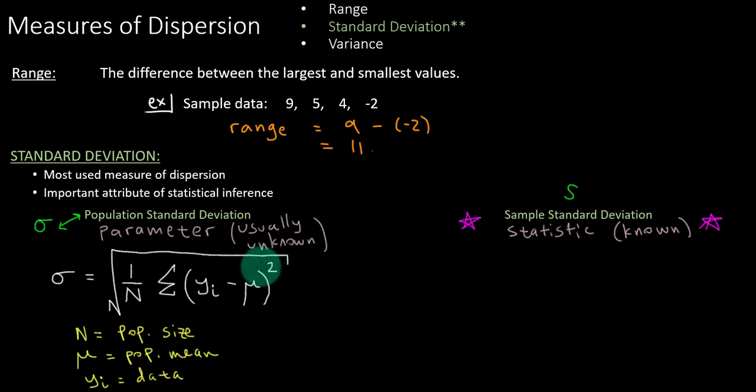Cool, so a really nice way to interpret this statement, this is just a number. You plug in numbers and you get a number out. A really nice way to interpret it is as the typical distance from the mean. And we're going to hopefully illustrate that with an example here shortly.